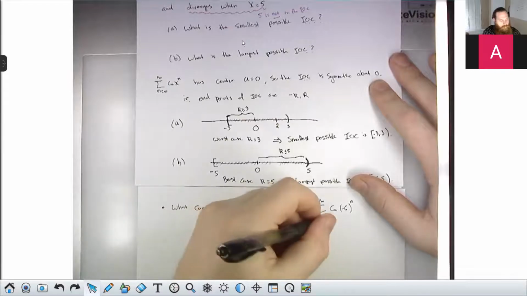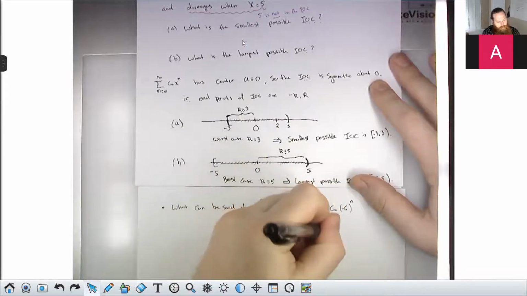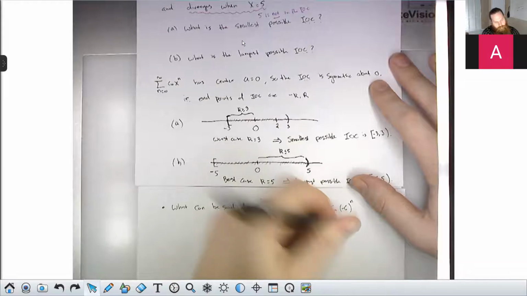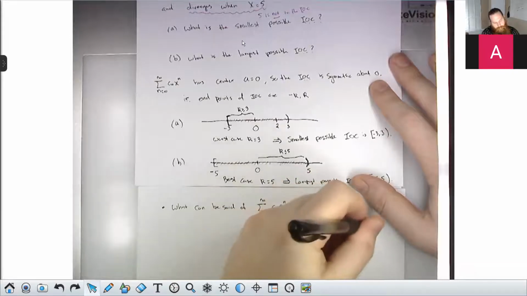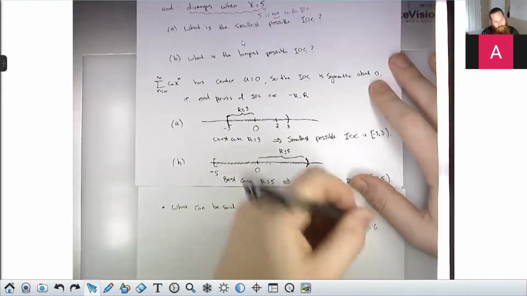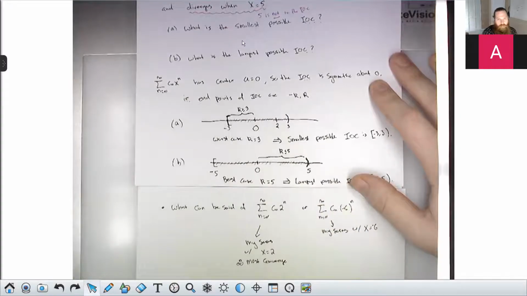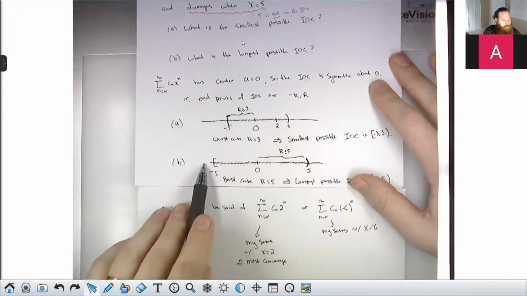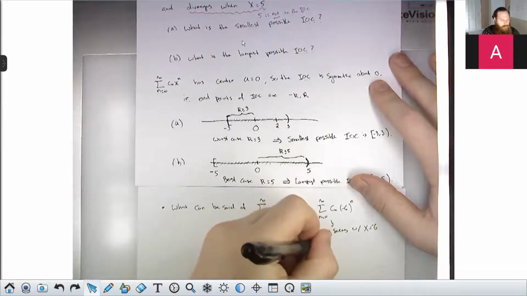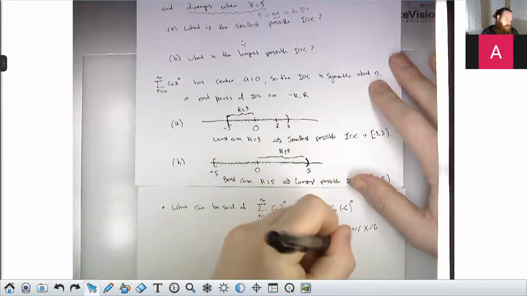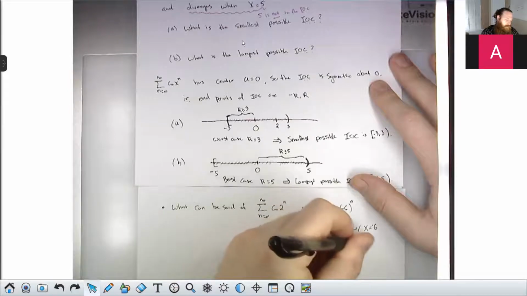And similarly, this guy is my series with x equals -6 plugged in. And even in the best case, -6 is not in the IOC. Therefore, this series must diverge.